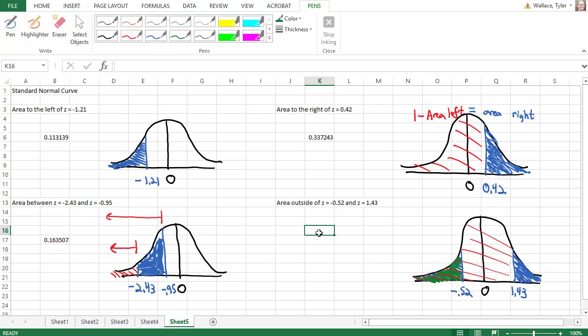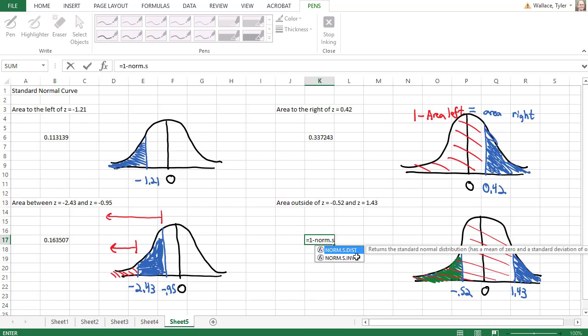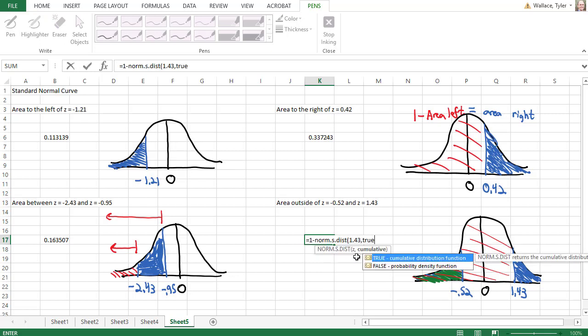So that breaks it down into multiple steps here. First thing we're going to do is 1 minus the NORM.S.DIST of 1.43, comma, TRUE. Doing 1 minus gives us the area in the right tail. But that also cut off the left tail that we also want.